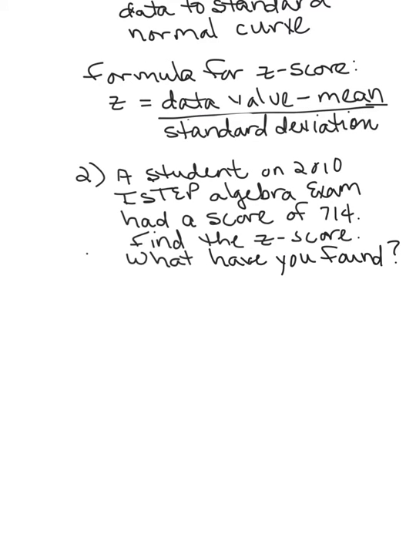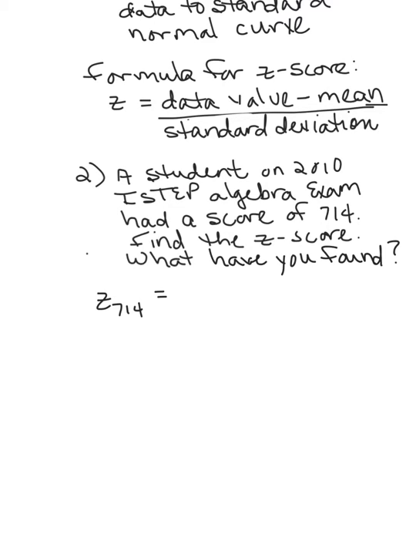For example 2, you are told that a student on the 2010 I-STEP algebra exam had a score of 714. There's actually 2 questions here. First, find the z-score, and then secondly, what did you find? Well, a z-score for the score of 714. This is frequently how you will see it written. You'll see the letter Z and then a subscript for which score you are finding the z-score.